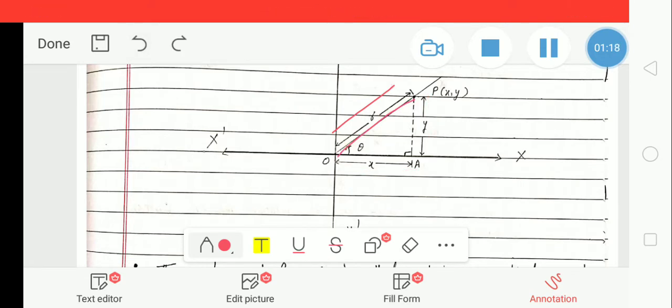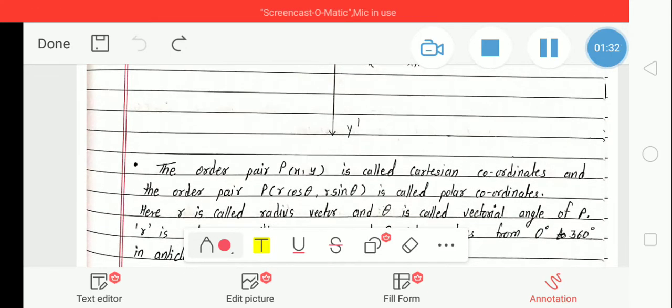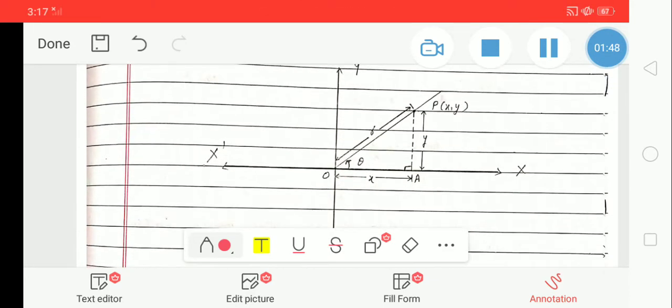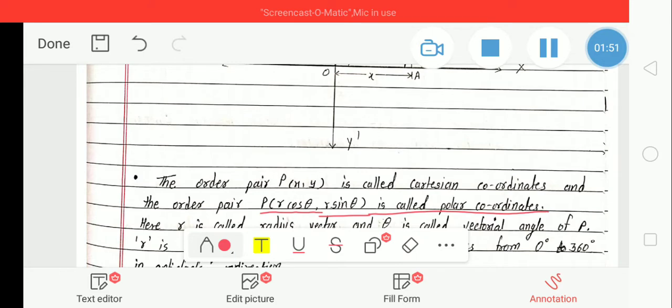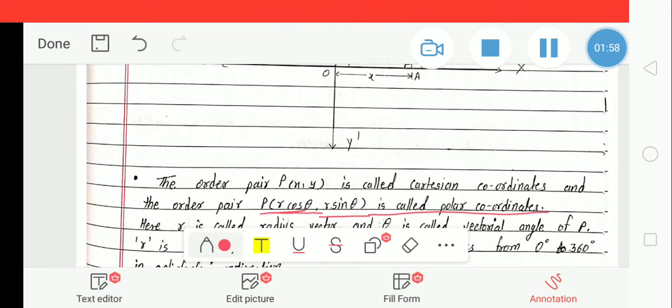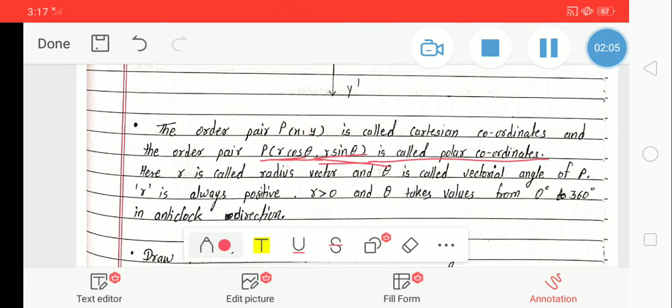Ray OP is the ray from O to P, and this is a circle, so r is the radius. Now the ordered pair P(x, y) is called the Cartesian coordinate, and the ordered pair P(r cos theta, r sin theta) is called the polar coordinate.